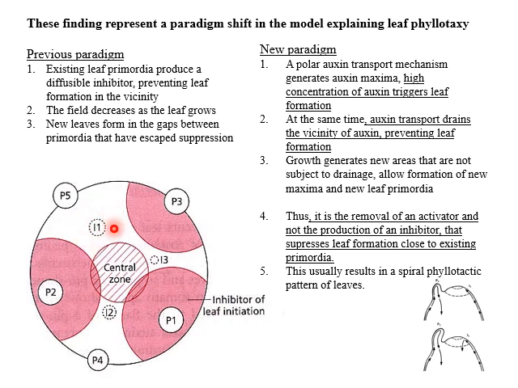So the next leaf primordia will form in the largest gap, or the first real gap formed in the field of its inhibitors. So the next one will form here, and when it forms, it will start to produce an inhibitor that inhibits leaf primordia formation in its vicinity, and so on it goes. Incipient 2, incipient leaf primordia 3 here.